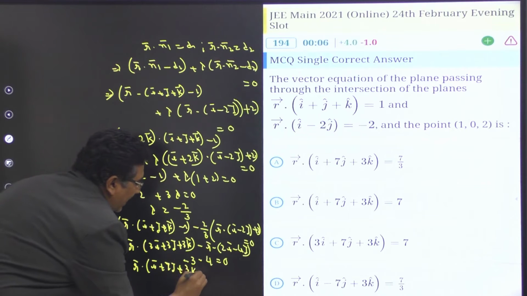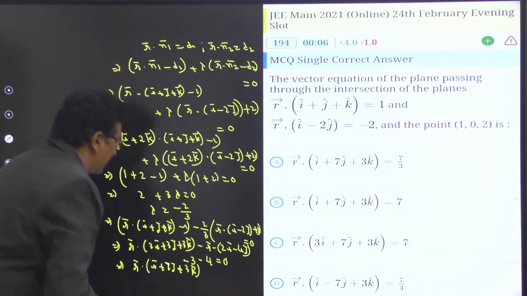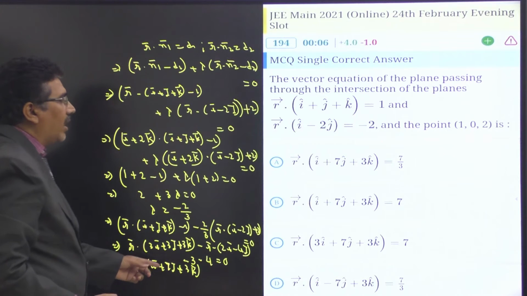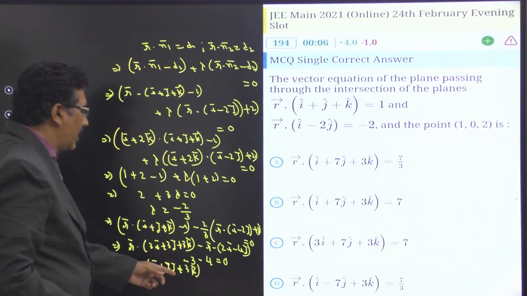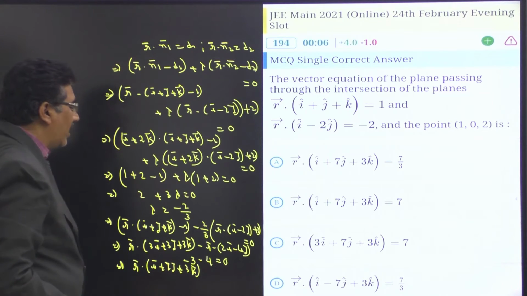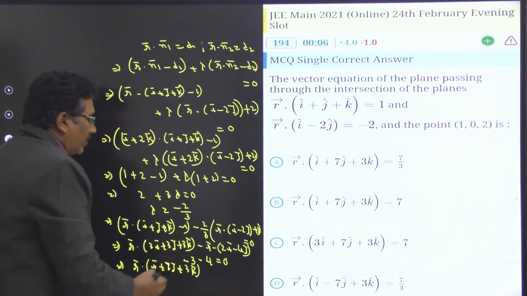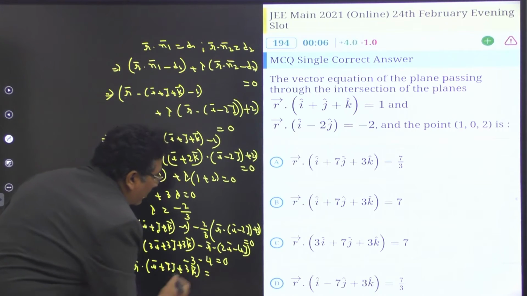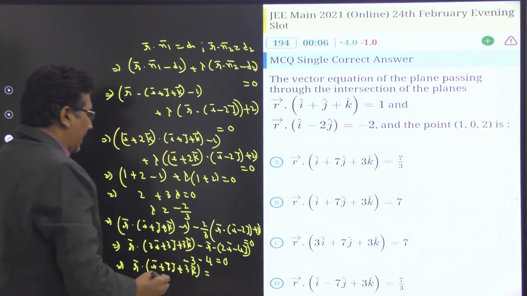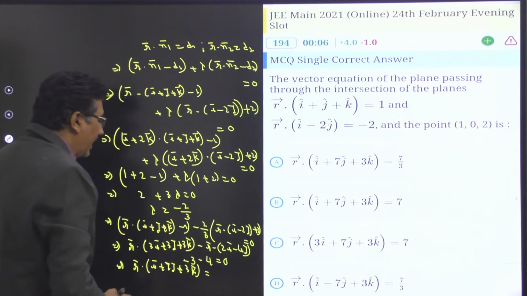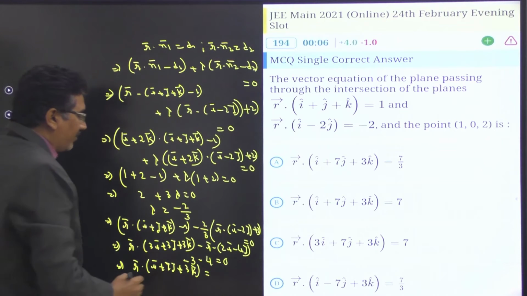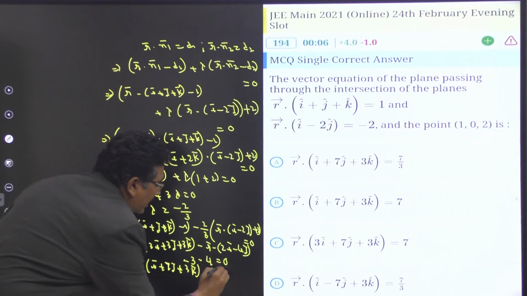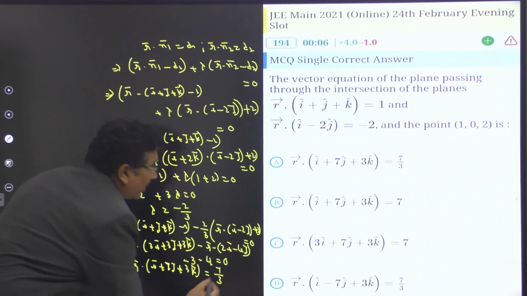R bar dot I bar plus 7j bar plus 3k bar is equal to minus 3 minus 4 divided by 3, that is equal to 7 by 3.